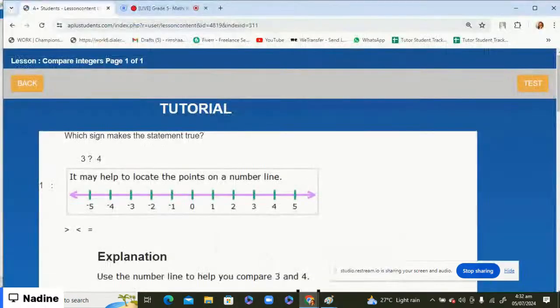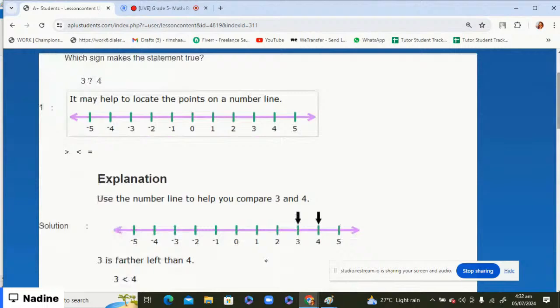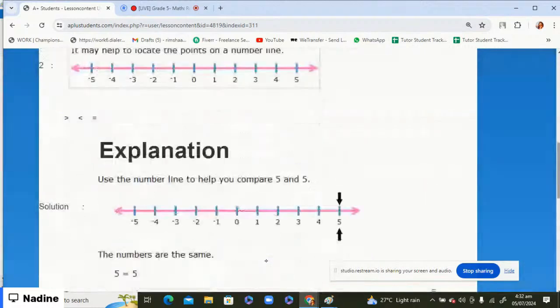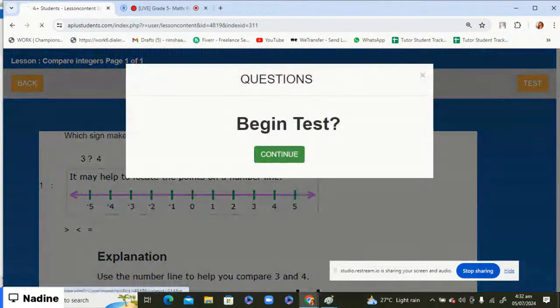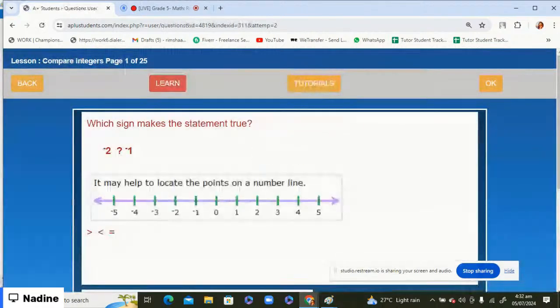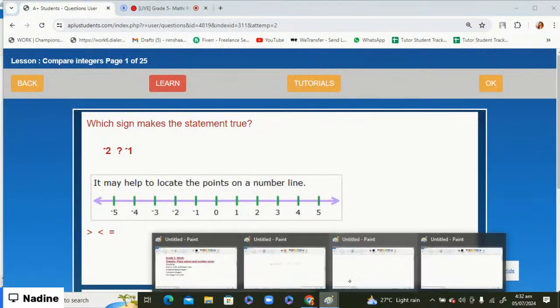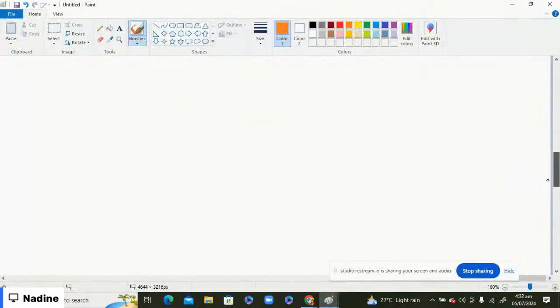All right, let's check some other things. Now let's do some test questions. Minus 2 and minus 1. I already told you there are different rules. Three rules. Two rules I already told you. If there are positive integers, the bigger number is bigger.